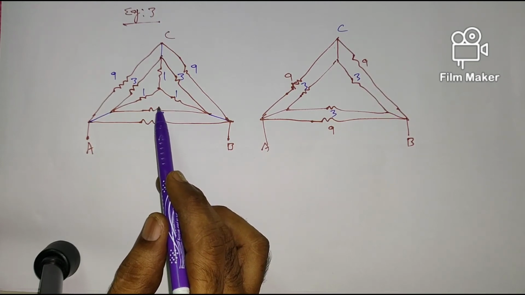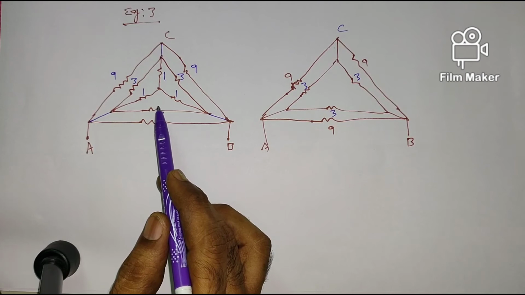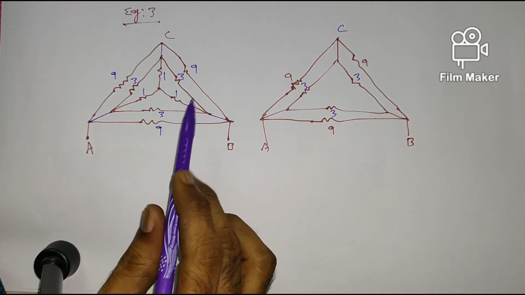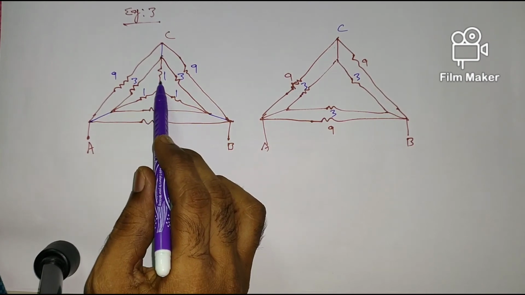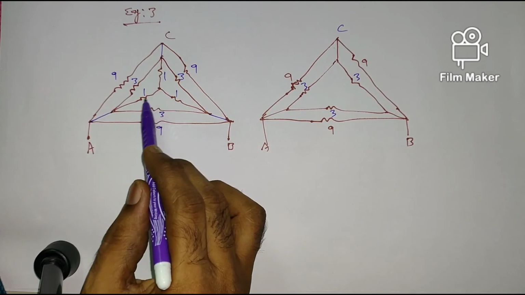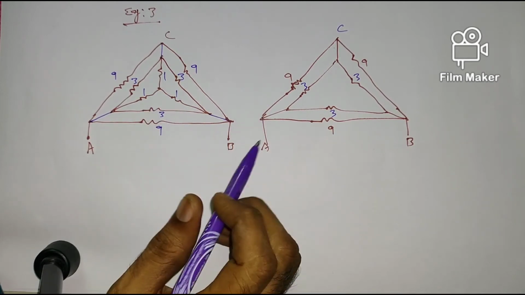For such kind of problems, we have to begin from the inside. Means first let us have the conversion of this star configuration 1, 1, 1 to delta.